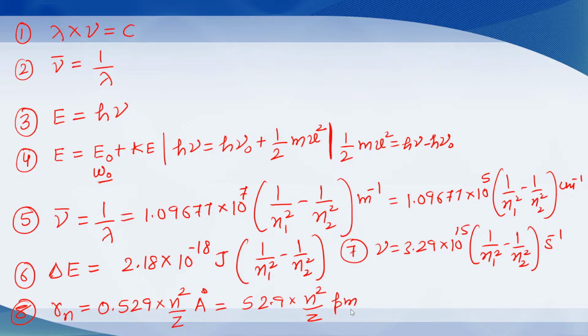And if we want to express all of them for any one electron species, then they all should be multiplied by z square. Only when we multiply them with z square do we get the equation for any one electron species. Just multiply them with z square.